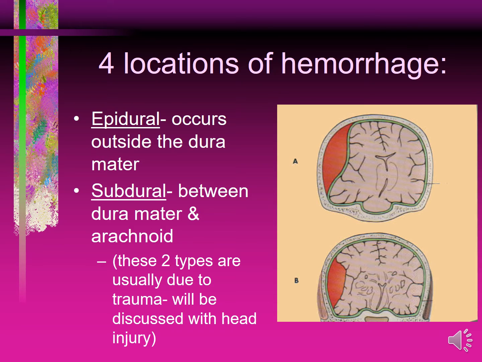So here is where you would have a subdural hematoma. Now, these two types of hemorrhage are usually caused by some sort of trauma, whether it's a car accident or a fall. All of those things are considered to be head injuries, and they'll be discussed more in depth when you get into complex adult health.